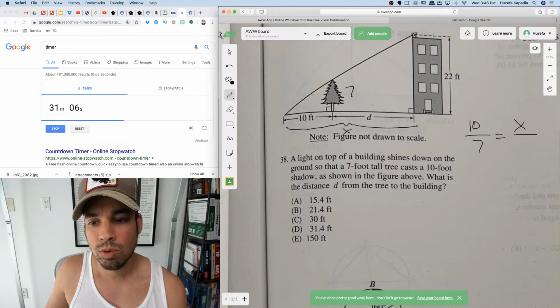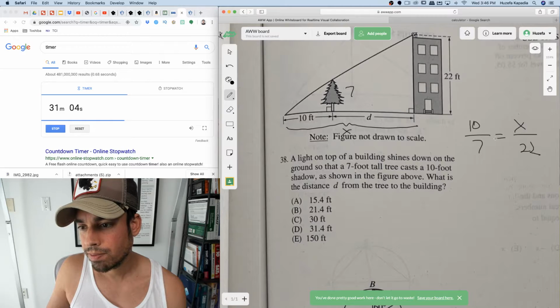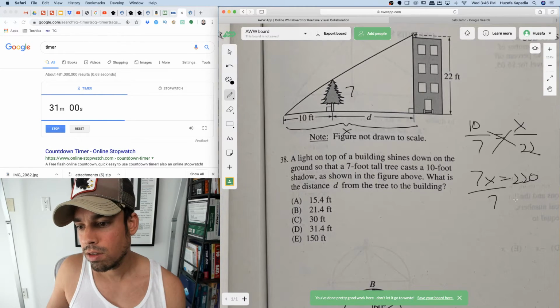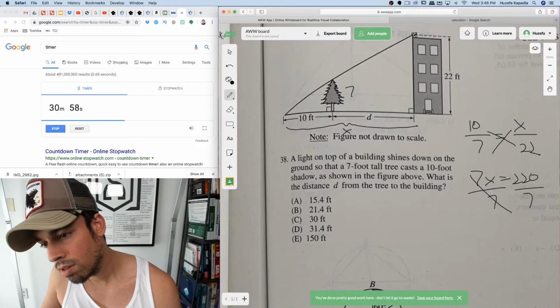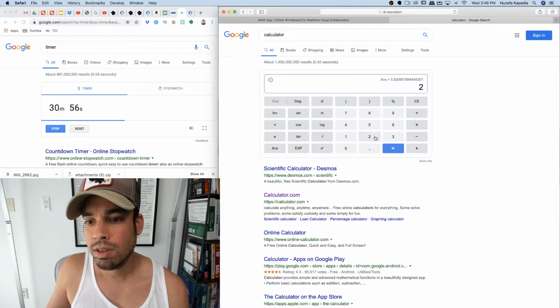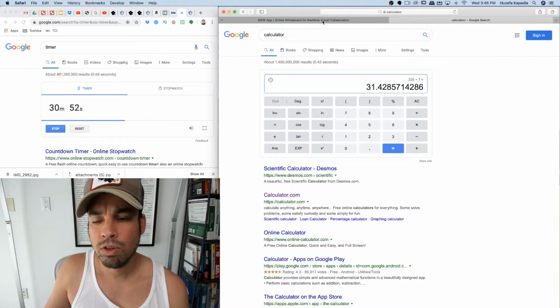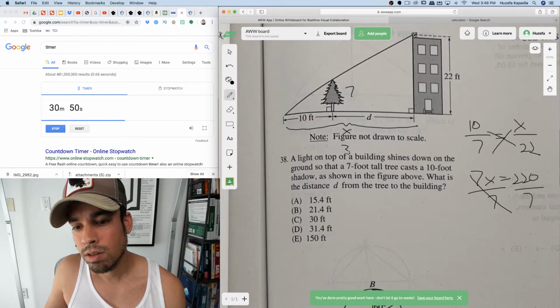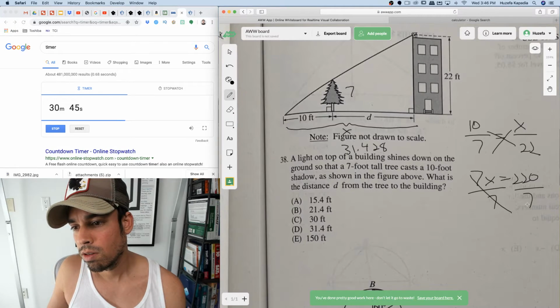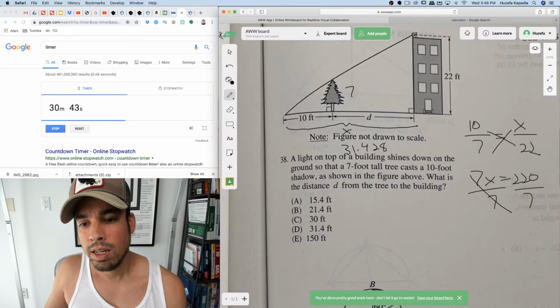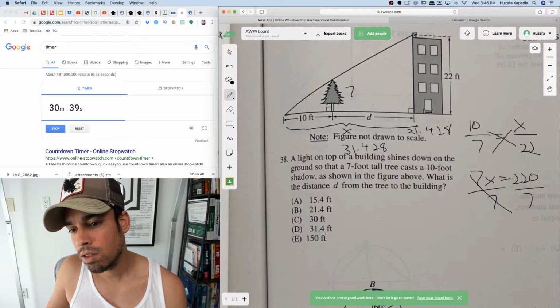Length to height equals length to height. 7x equals 220. Divide by 7, divide by 7. 220 divided by 7 is 31.428. And then we just subtract 10, so it's 21.428.